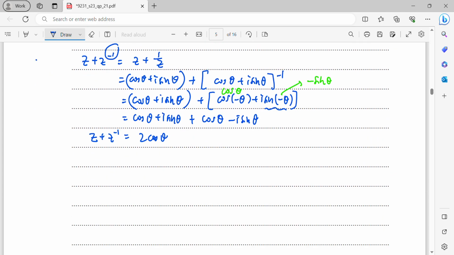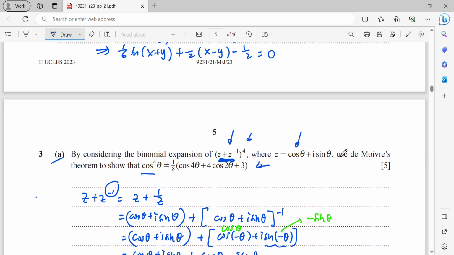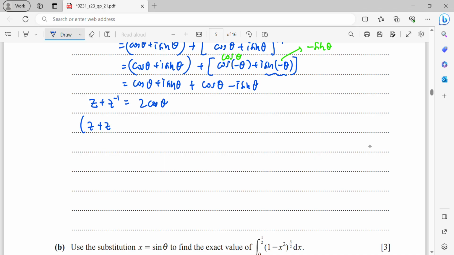So I will start with that. From here, it is same as, I will just write 1 over z. Then from here, I will get binomial expansion. So for binomial expansion, you can refer to the Pascal triangle. So if let's say a plus b degree 0, the coefficient will be 1.